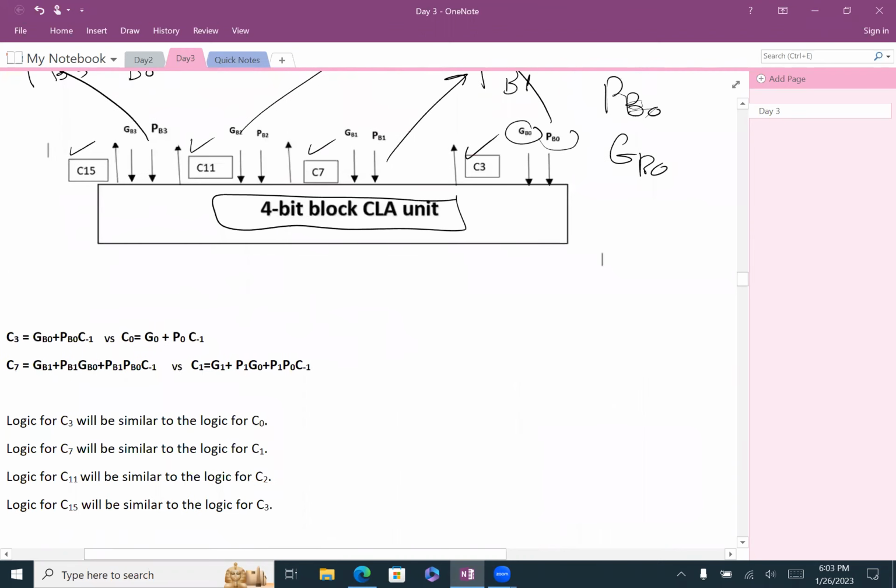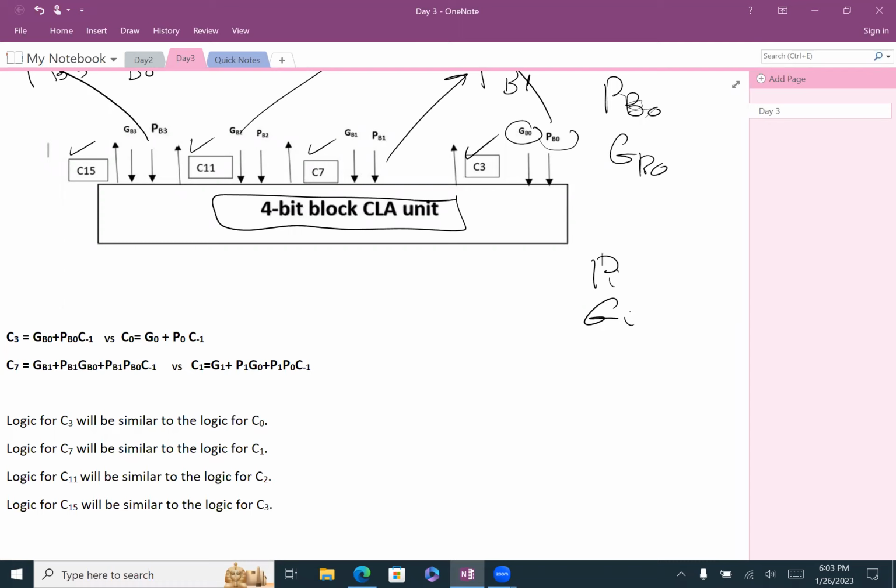And now let's find, remember before what we did when we found the P and G's. Remember when we found P of i and G of i, what we used that for? To apply it to the carry, because the whole purpose is to find the carry.